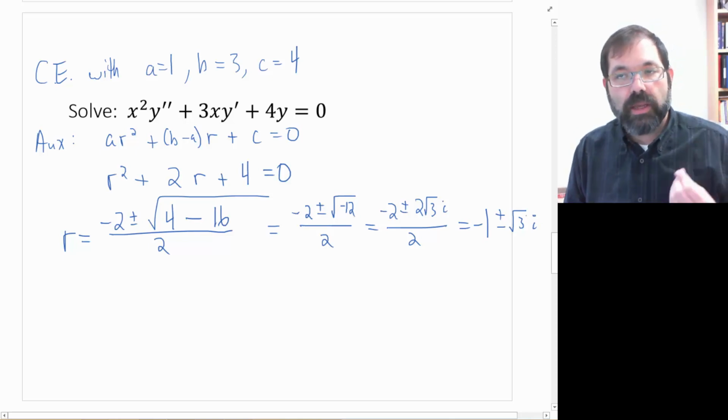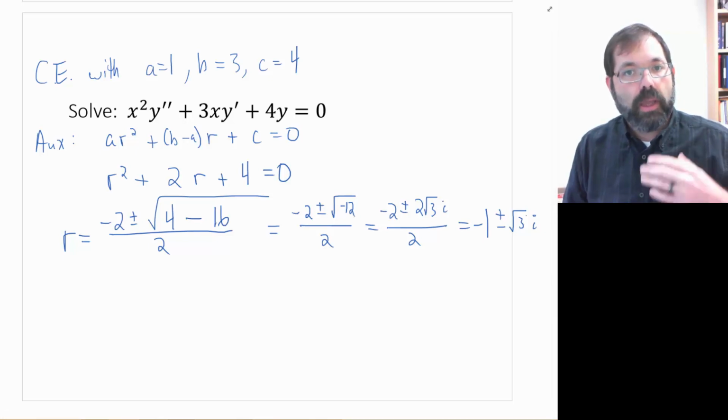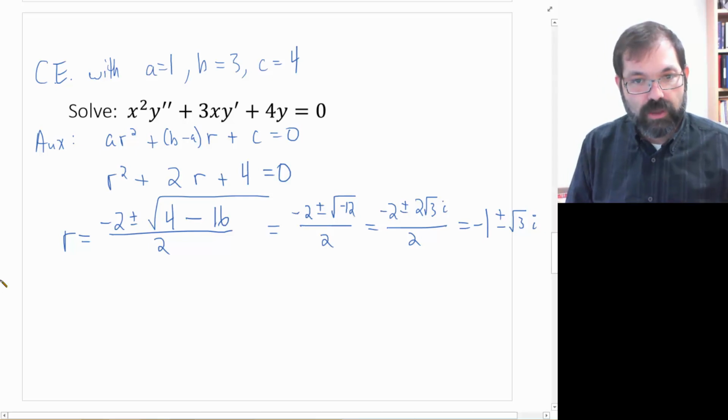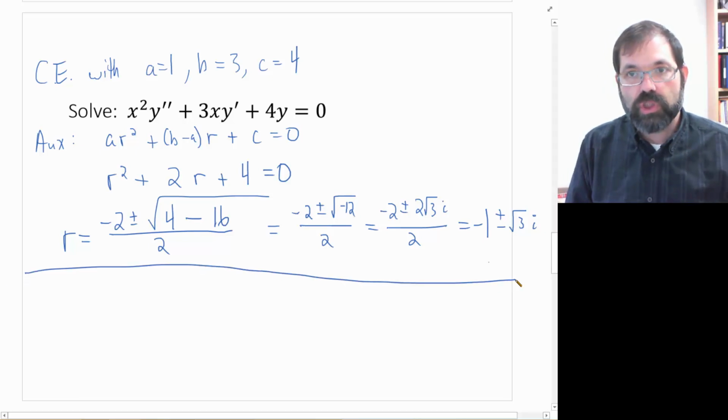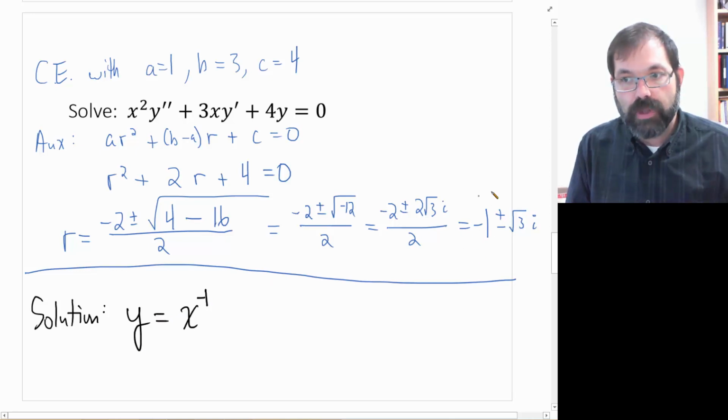So I see that I have complex conjugate solutions of the auxiliary equation, and we were starting with the Cauchy Euler equation again. So what that tells me is the solution of the equation would be y equals x to the negative 1, x to the alpha, and let's put some brackets in here.